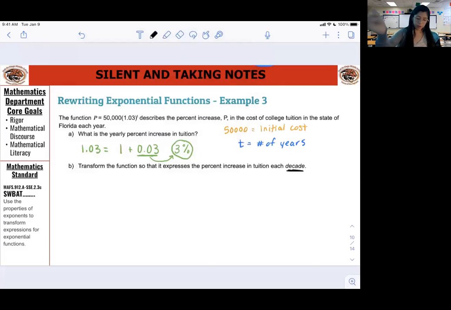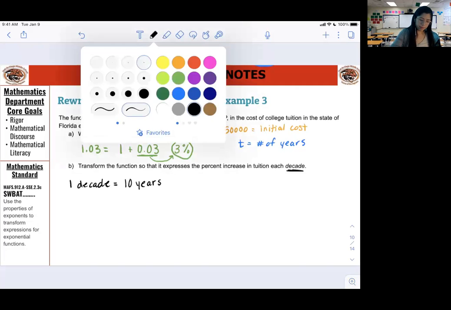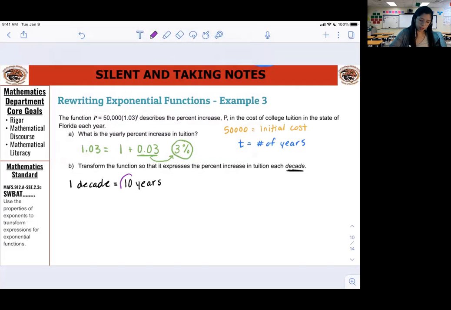So let's start off with our conversion rate. 1 decade is how many years? 10 years. Okay, so this time I'm going to be plugging in a 10. So I start off with my original function.